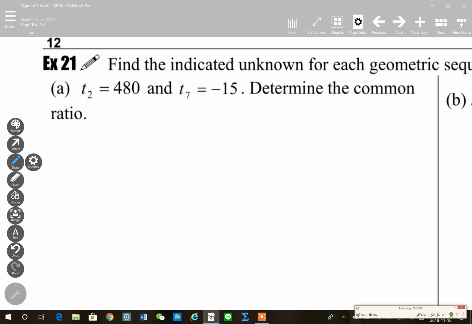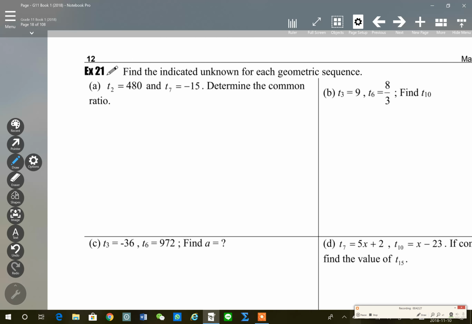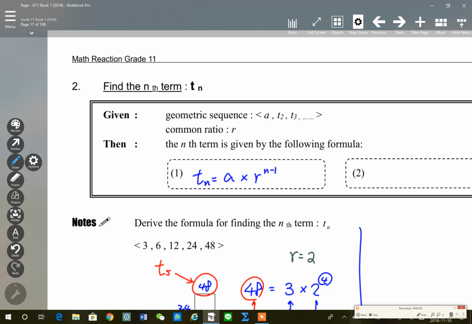do you know the first term? No, but you could pretend T2 is the first term by just making it T1 and T7. Pretend. So you do have an imagination. So we're going to pretend our first term is not the very first term.